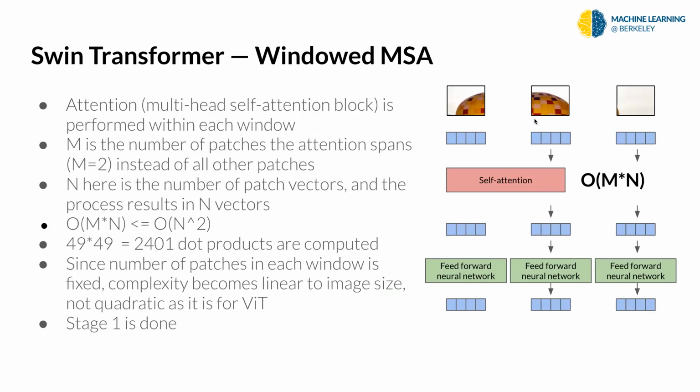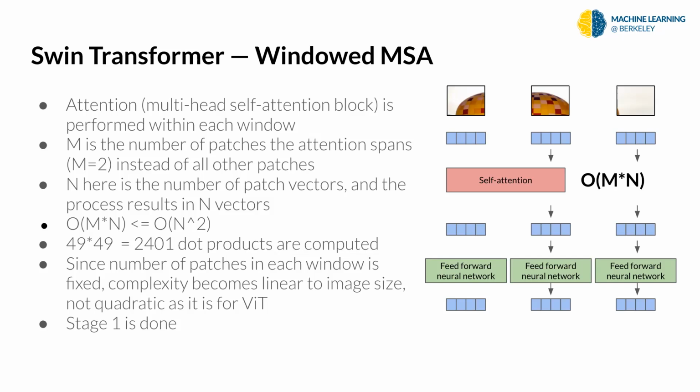In this case, M equals 2, because instead of performing self-attention between all patches, we only perform self-attention between these two patches. The idea is that if N is our total number of patch vectors, and we're going to eventually produce N vectors, we're now only computing self-attention within M patches.